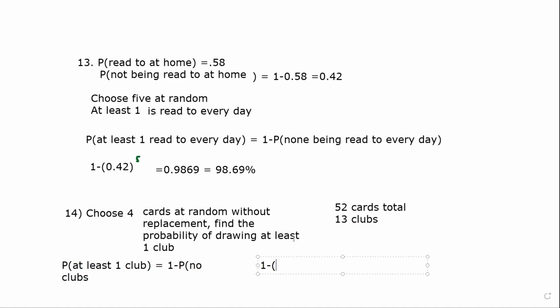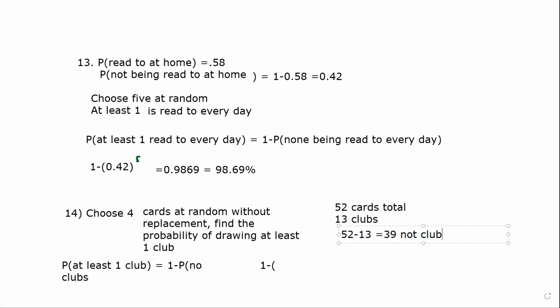Now, if there's 13 clubs, then there's a total of 52 minus 13, which is 39 cards, right? That are not clubs.